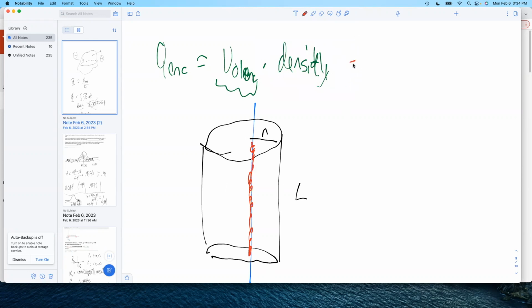So when I say volume enclosed, I mean whatever version of volume times my density will give me charge. Remember, we had this guy here that was measured in coulombs per meter. I need to multiply him by this length, L. That's meters times coulombs per meter. Meters cancel, and I get coulombs.